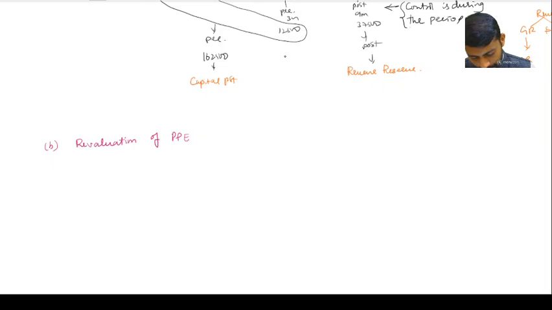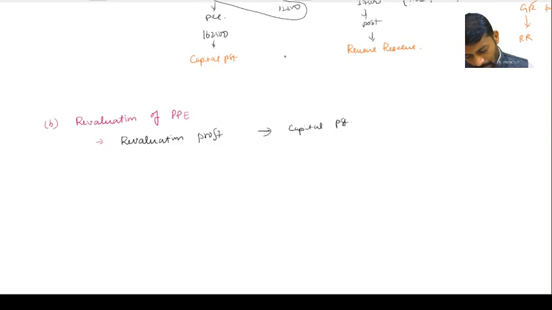Correct? Revaluation of PPE. So whenever there is revaluation of PPE, my difference. So here what you have to do? Revaluation of PPE. So here that revaluation profit is always capital profit. Are you understanding? Yes, sir.